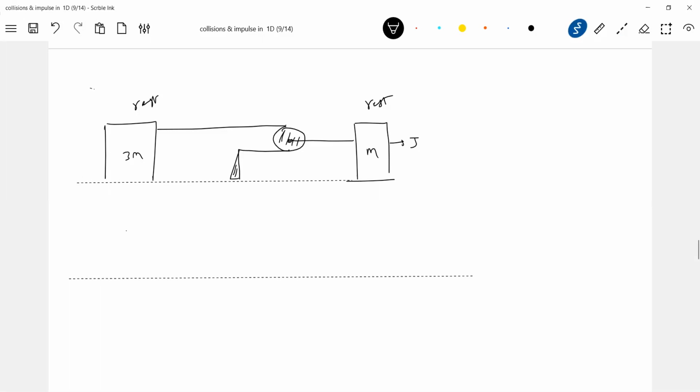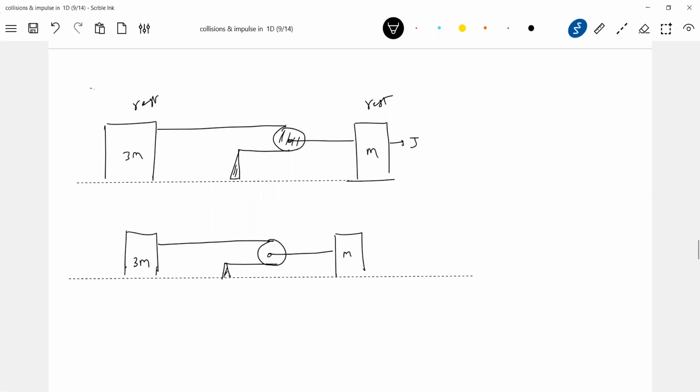So this is the block 3m, connected here. Tell me how the conditions should arise.